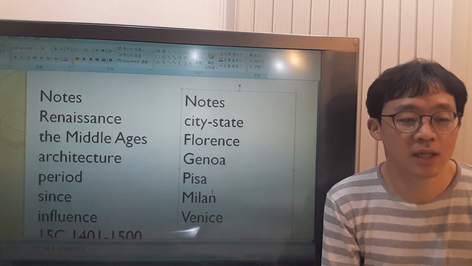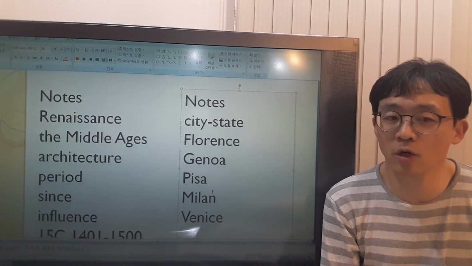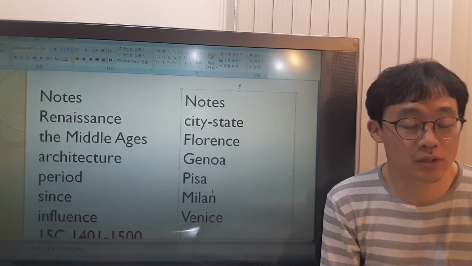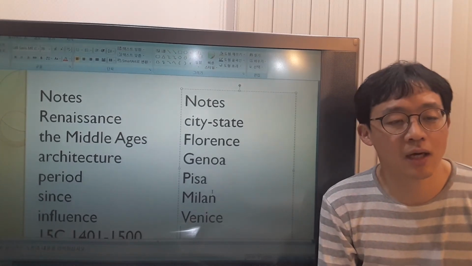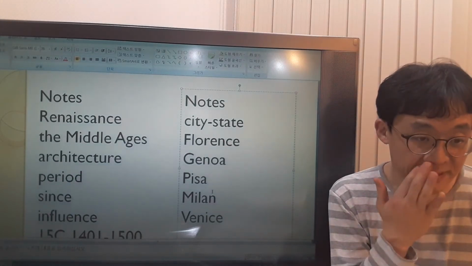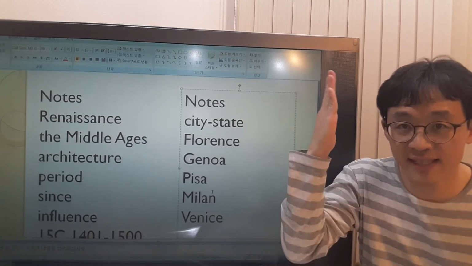And it was an independent commercial city that had many colonies in the Middle Ages, all right? Pisa was also a flourishing maritime republic. Maritime means related to the sea, all right? So, and it's famous for having a leaning tower, the tower that leans, okay?